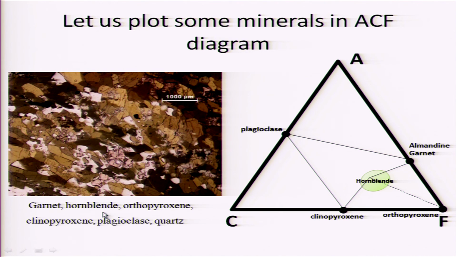They are all present together, and we have plotted the plagioclase position, clinopyroxene position and garnet position, and this triangular area represents the space shown by this composition.